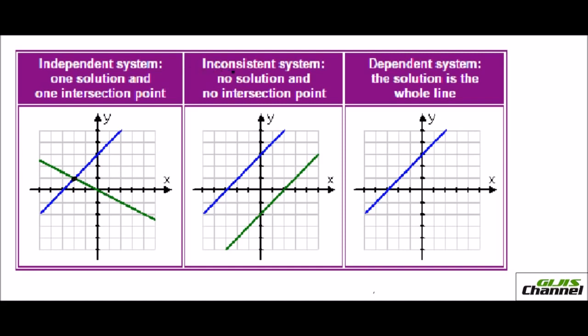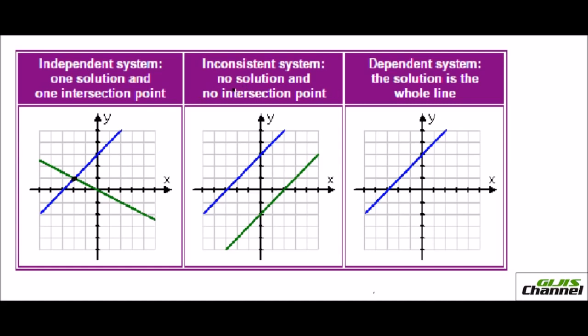The second one is the inconsistent system. You call it inconsistent because these two lines are parallel lines, okay? However much you extend, they are going to be the same. There is no change in the distance, and they still remain the same distance however much you extend.